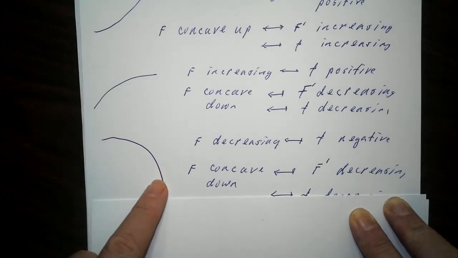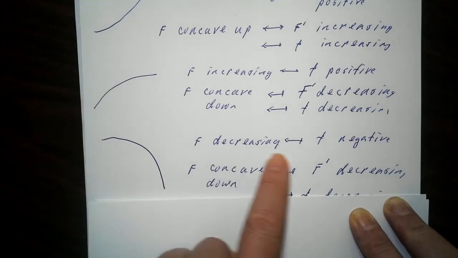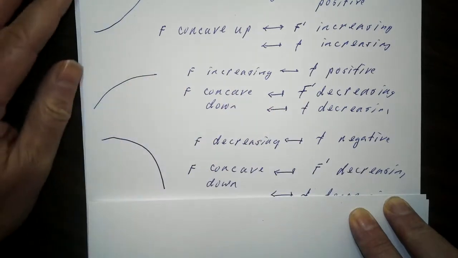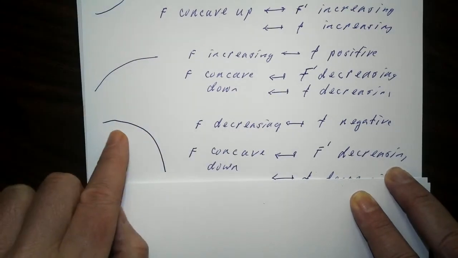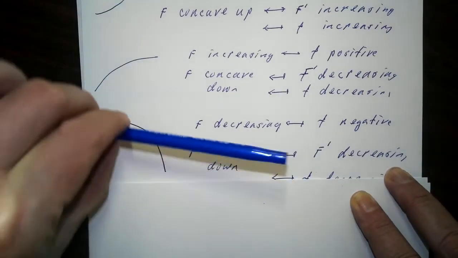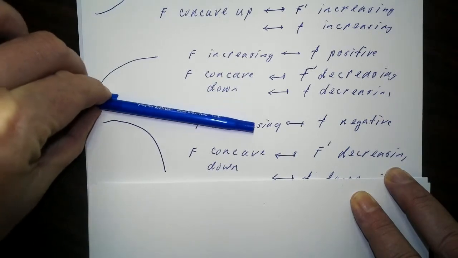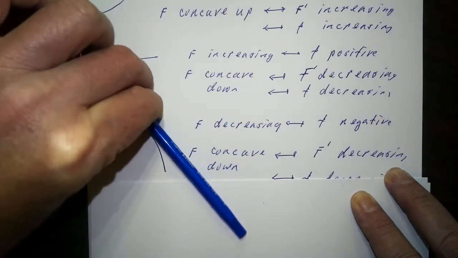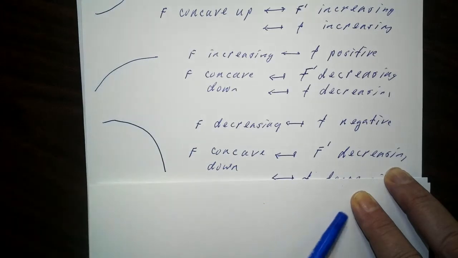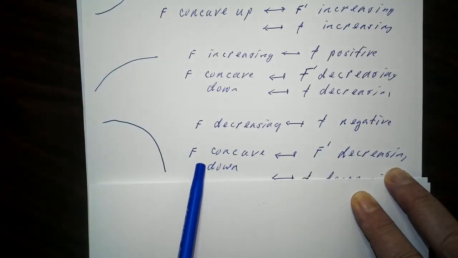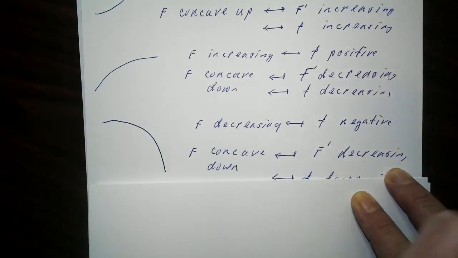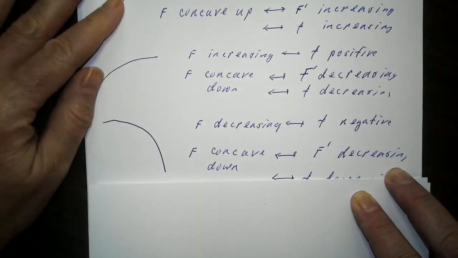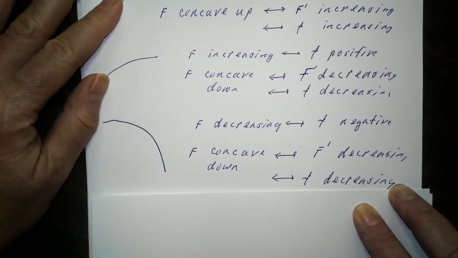Capital F is decreasing, so its derivative, which is little f, has to be negative. Capital F is concave down. The slope is negative and becoming more negative as we move from left to right. So the derivative of capital F, which is capital F prime, is decreasing, but capital F prime is simply little f, so little f would have to be decreasing.